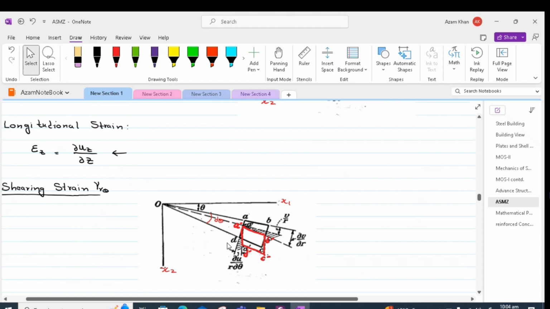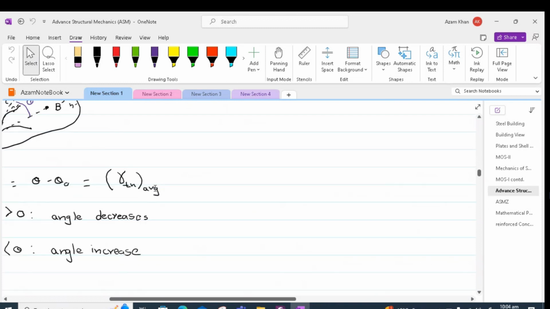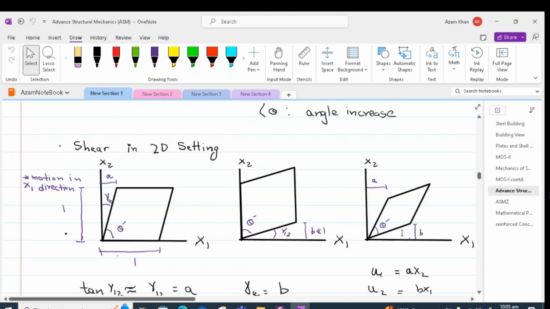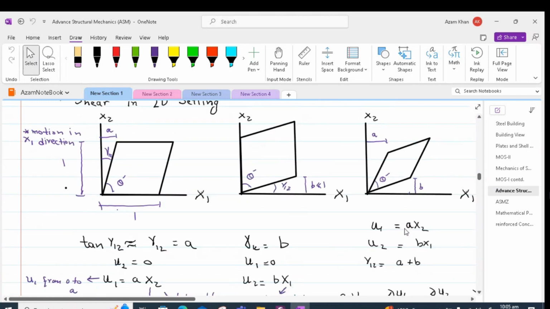And we assume that after deformation, the new position of the element is shown by A dash, B dash, C dash, D dash. We remind ourselves that the shear strain of an element in Cartesian coordinate system is equal to the rotation of the element with respect to the two coordinate axes.